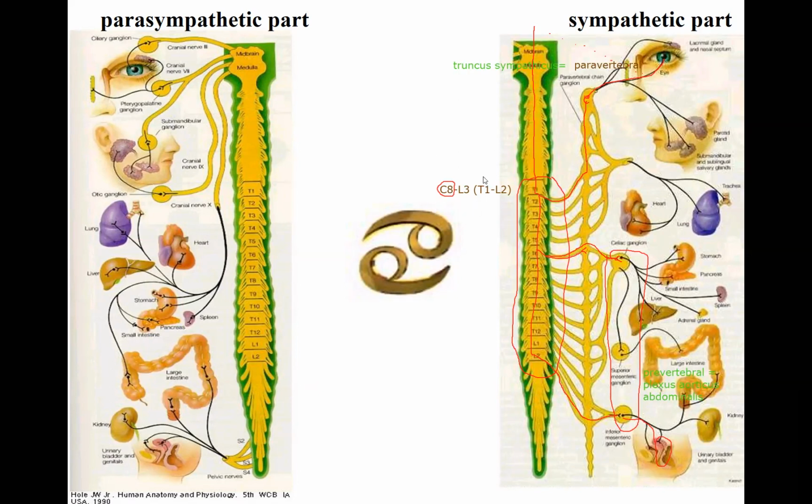Fibers leaving the spinal cord at the level of C8 to L3 are synapsed either in paravertebral ganglia of the sympathetic trunk or in prevertebral ganglia of the abdominal aortic plexus, which is located more centrally. And then the postganglionic fibers go to the organs. For the head, it has to go down to level C8 and then up again.